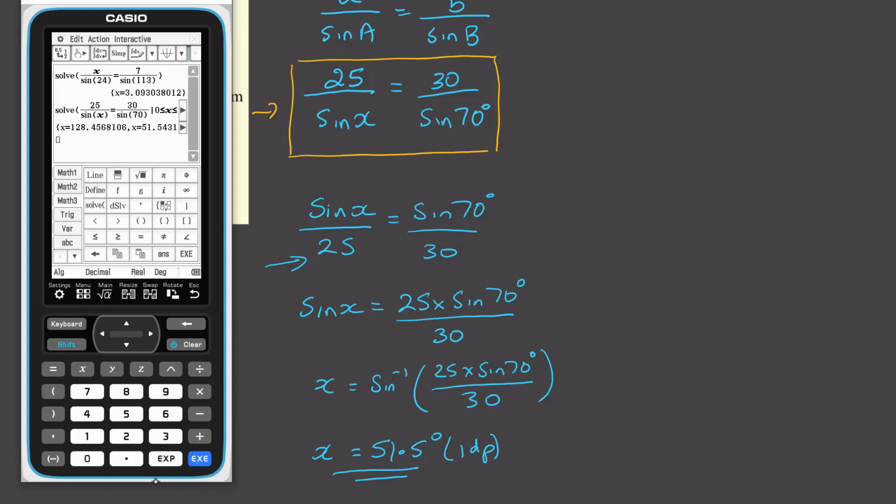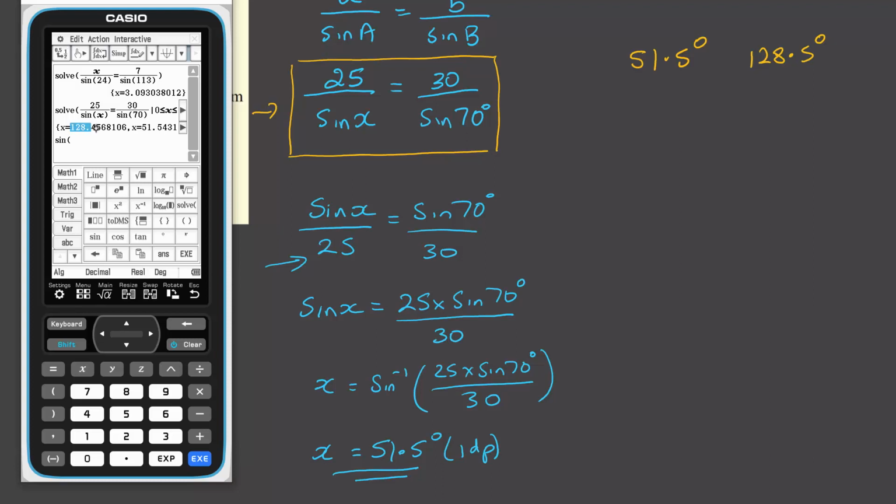Now when I press execute, I get two answers. I get the 51.5 degrees, but I also get a 128.5 degrees. Now, just to point something out here, the calculator's not gone mad.